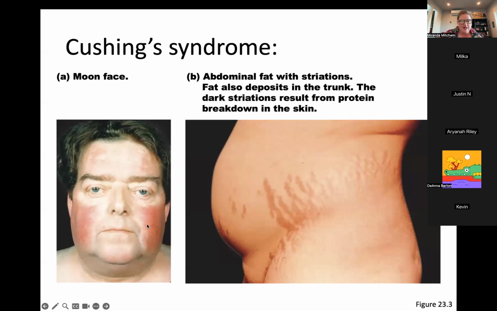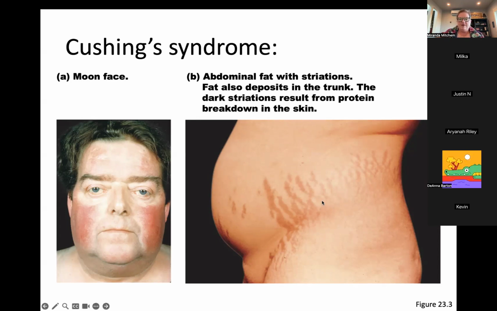Here we have moon face, and you can see his eyes are recessed back, and the cheeks are very round, but also everywhere around the head, even around his face and neck. And this takes months, even after you get back to your normal cortisol level. It takes months and months for moon face to go away.